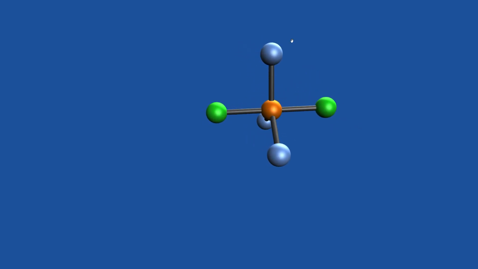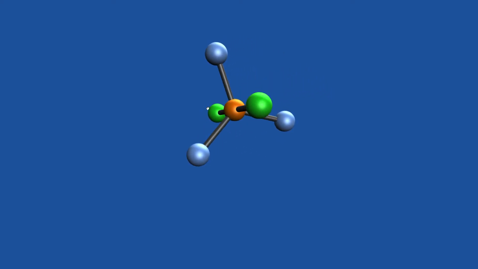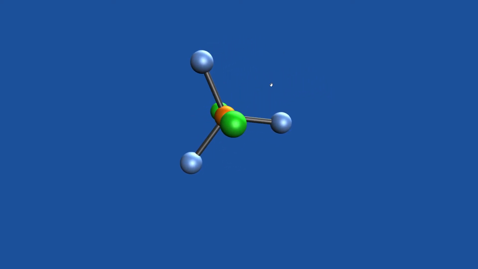So we can see that the angle between any equatorial position and axial position is 90 degrees. They cut straight at a right angle there. The angle between any 2 equatorial positions is, however, 120 degrees, just like in the case of a trigonal planar molecule. And so this shouldn't be surprising to us because we know that a trigonal planar system has angles of 120 degrees between them.